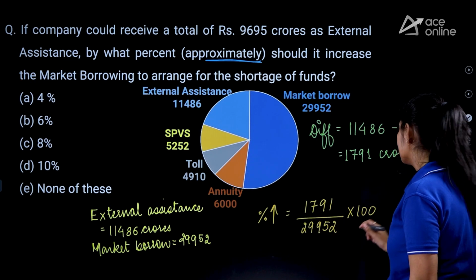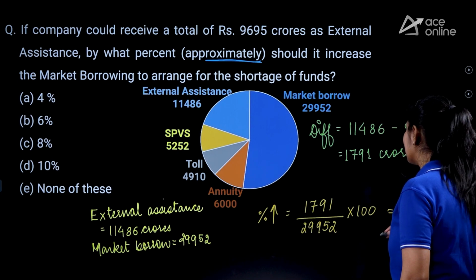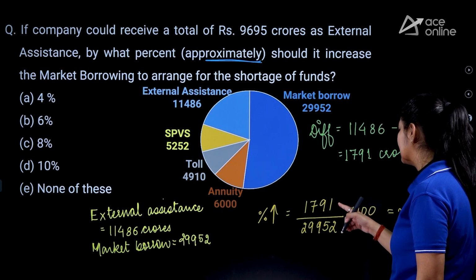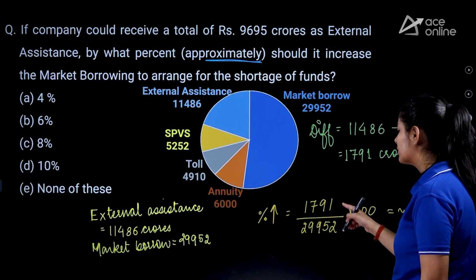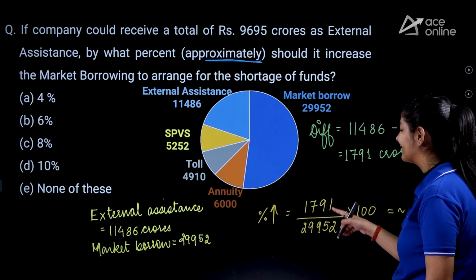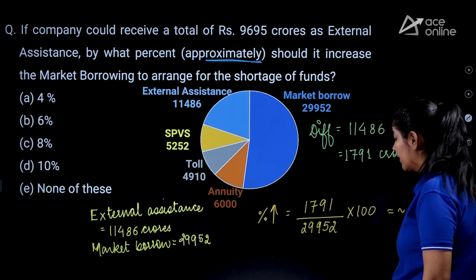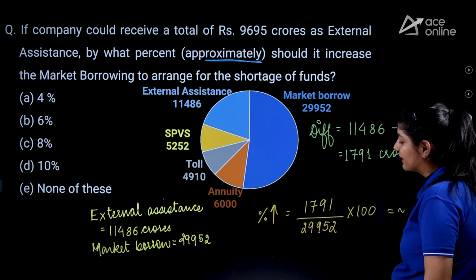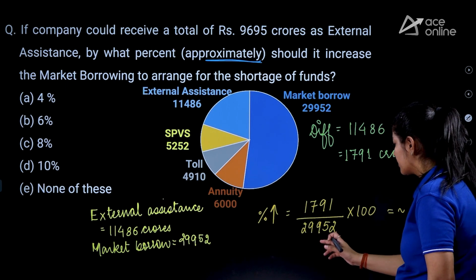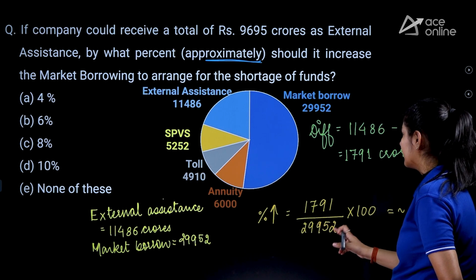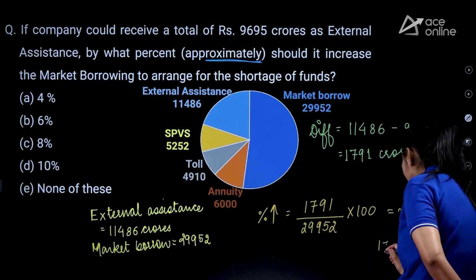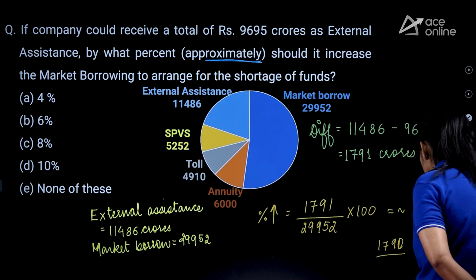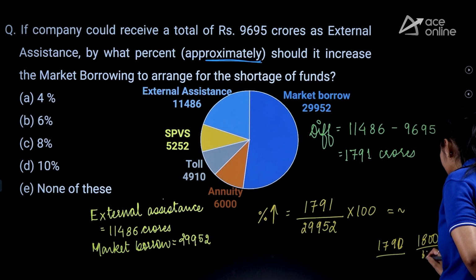So this value is approximately equal to 1,79,100 over 29,952. If I take 30,000 instead, two zeros are eliminated, so we can consider it as 1800 divided by 300.